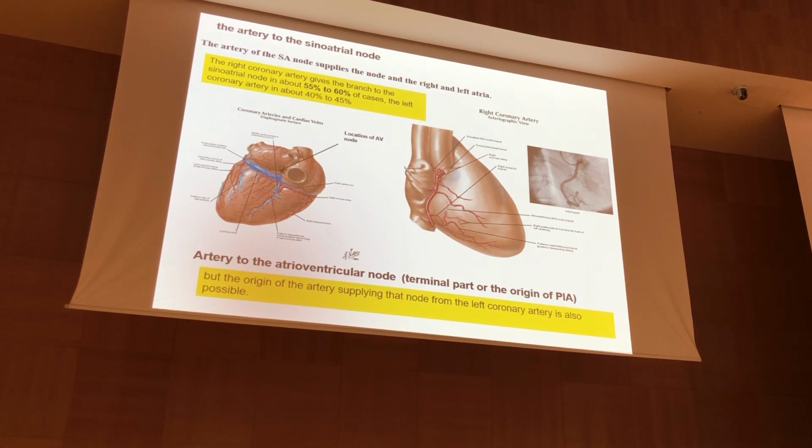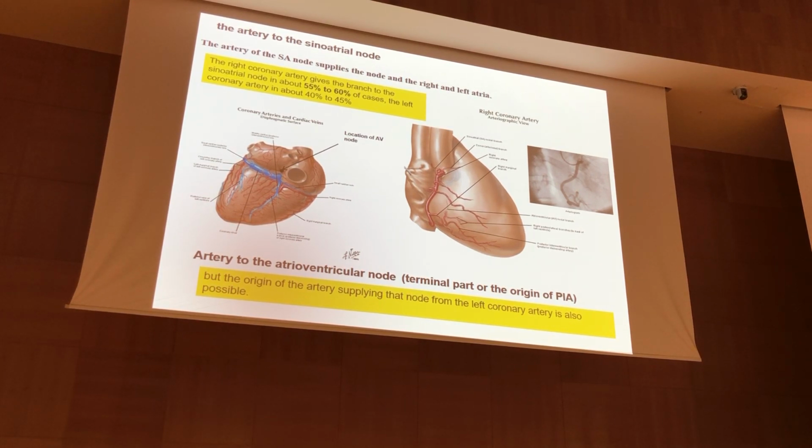Now, artery to SA node, you'll never see them. Arteries to the SA node, artery to the AV node, they are microscopic. You're not going to see them. But generally speaking, in 55 to 60% of us, artery to the SA node comes from the right coronary artery. It goes in the myocardium to the SA node, and in the rest it might come from the left or from the circumflex.